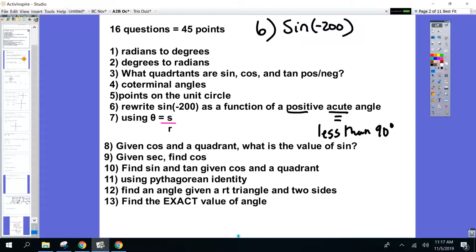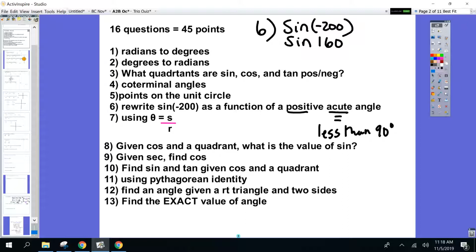Okay, suggestions. Negative 200. Suggestions? We're not big fans of negative degree measures, so add 360, go ahead. So we're going to do sine of 160. Is that acute? Nope, so got to keep getting it smaller now.